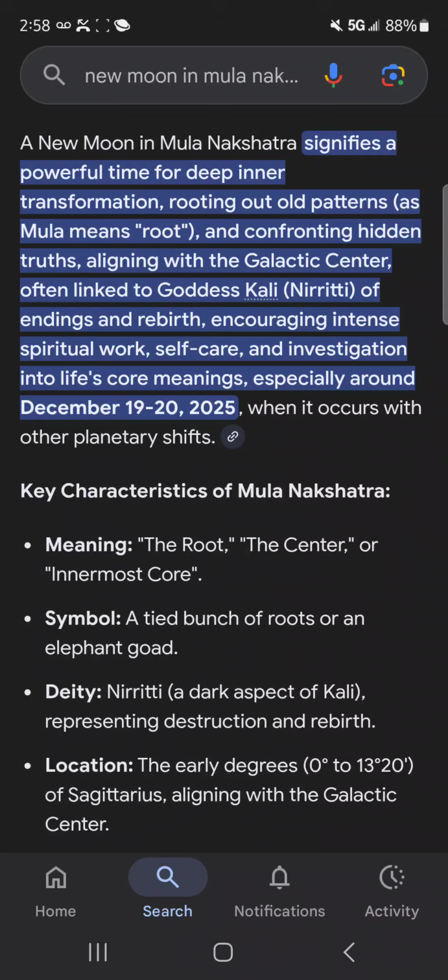And oh my goodness, has it been painful, right? So basically, we've had goddess Kali. She's torn down everything, stripped it away. It's almost like the character in Kill Bill.